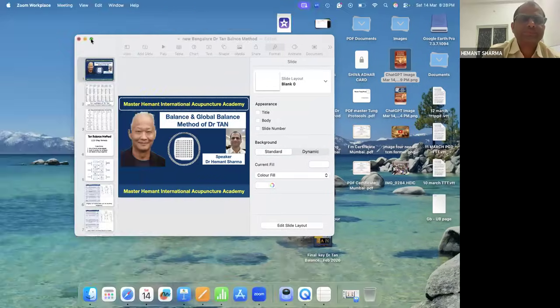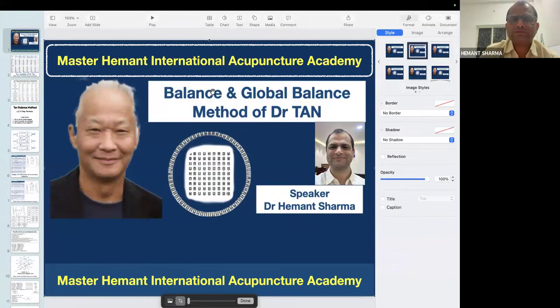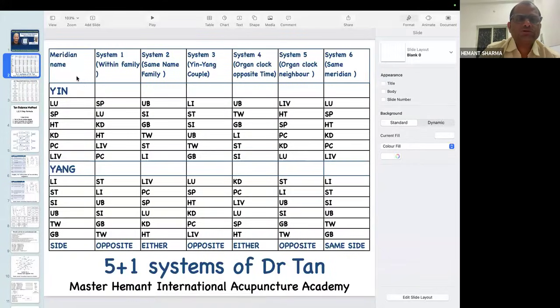But before giving the example, let's move step by step. Okay, so first, let's start with the balance method. So our target is balance. We will highlight a little bit of global also. So these are the systems 1 to 6 which we should know for this balance method. So we will be having discussion on this.